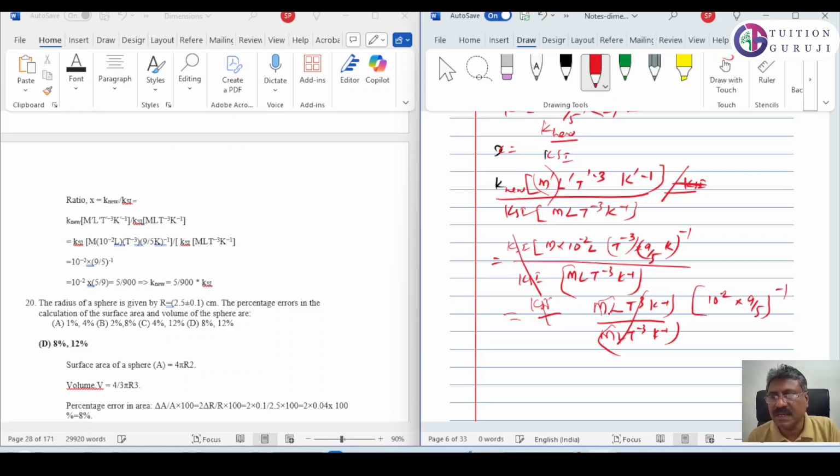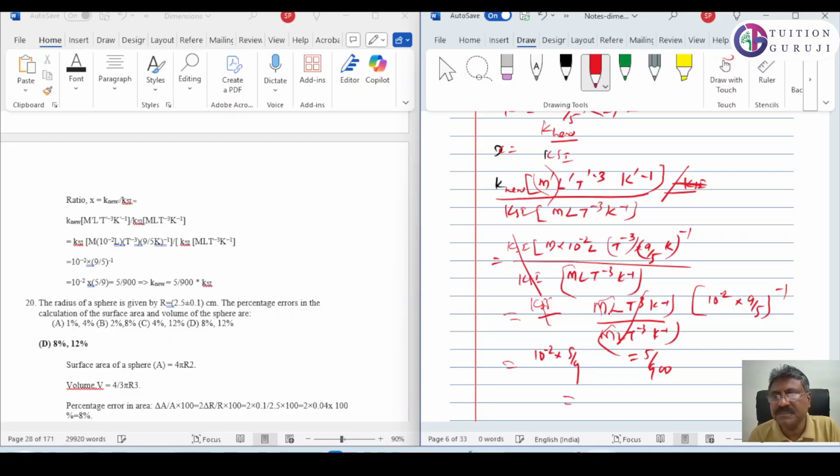That is 10 raised to minus 2 into 5 by 9, which equals 5 by 900. Therefore the ratio is 5 by 900. X is the ratio, so that is what the question asks.